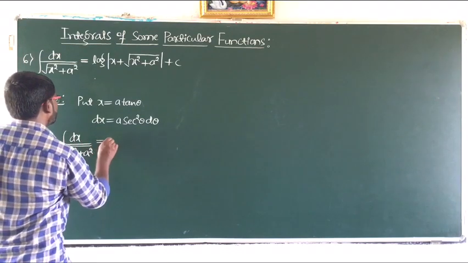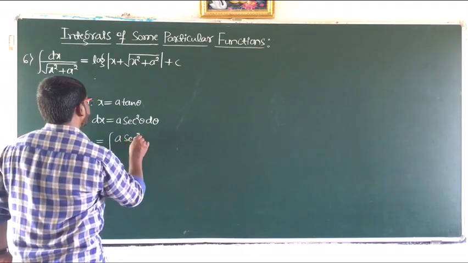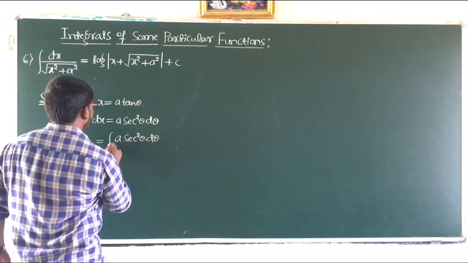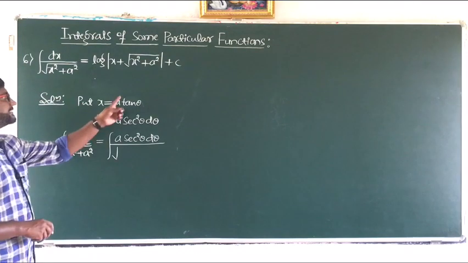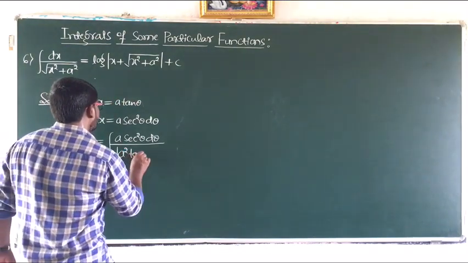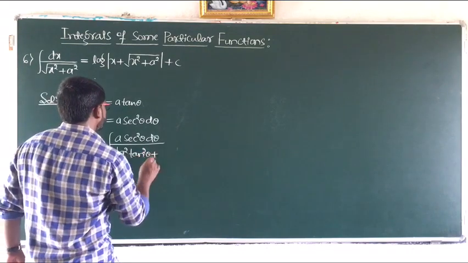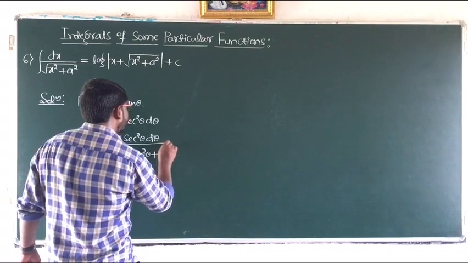which is equals to integral dx, which is nothing but a secant square theta d theta, then under root x square, that is a square tan square theta, plus I write a square as it is.